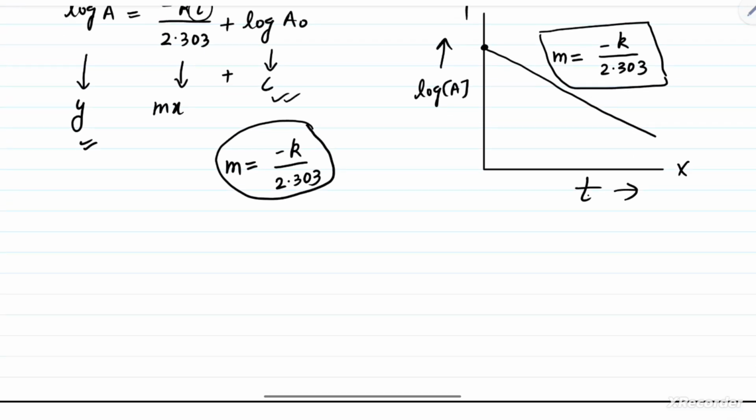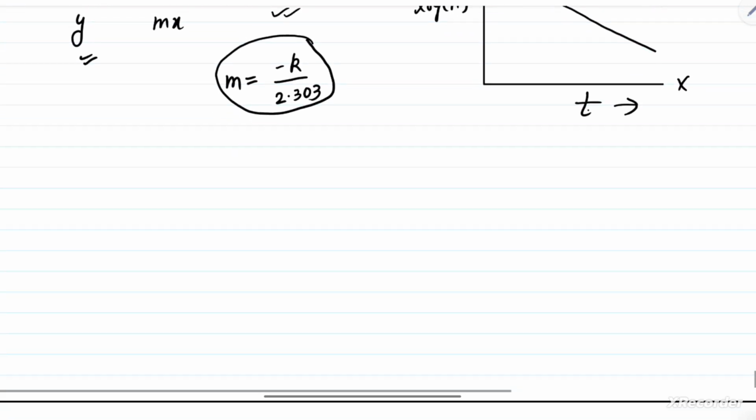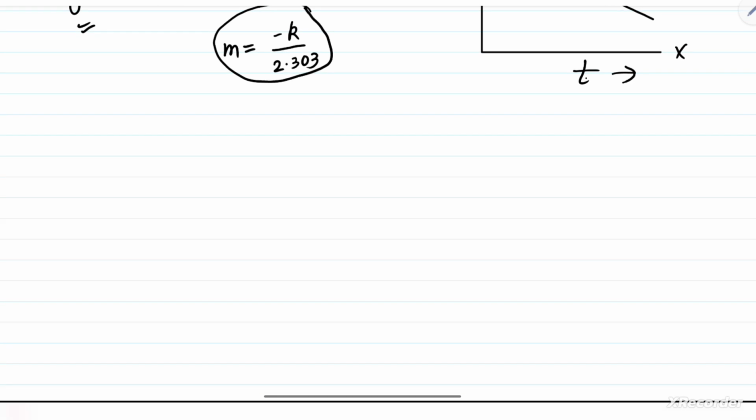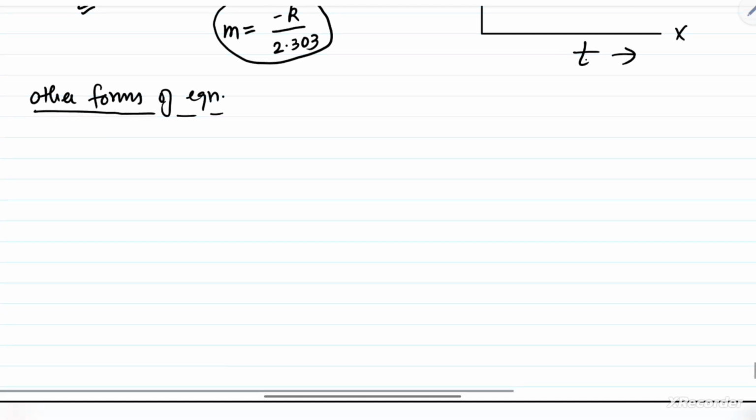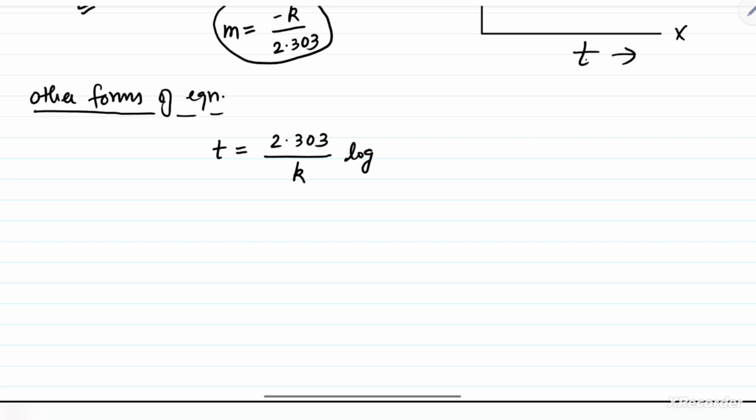Now there are various other forms that are very important for you to solve numericals. You can write the exponential and other forms, but the most important one used in solving numericals is t is equal to 2.303 by k log, again base 10 only, A naught divided by A. A naught is the initial concentration.